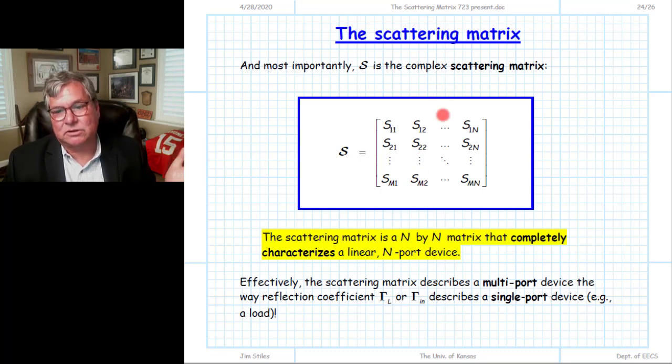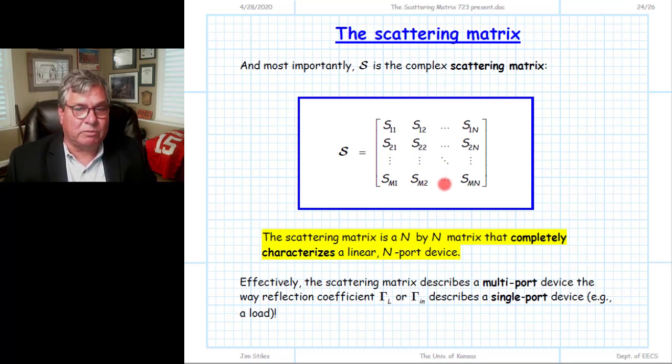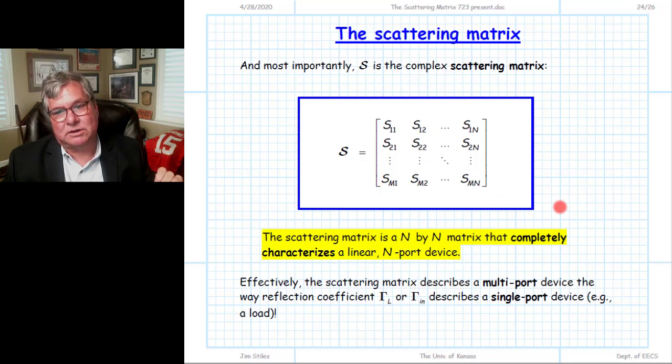And you can see how that goes. The third column is for the experiment where we have an incident wave on port 3 and port 3 only, and so forth as we move down the line. So each column is very important in the scattering matrix. They are the result of one analysis, one measurement, one incident wave on one port, and evaluating the scattered waves that come out of all the others.